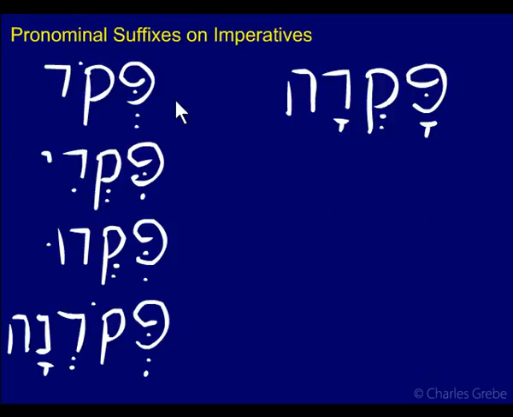The difficulty comes here. With these two forms, the masculine singular up here and the feminine plural, they use what seems to be the lengthened imperative form, this alternative form. When you add a pronominal suffix to one of these two, you end up with this. It uses this form.